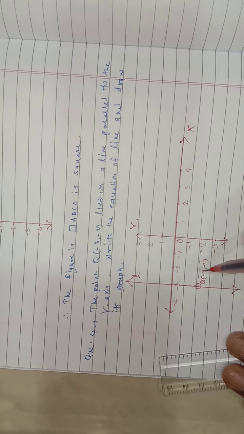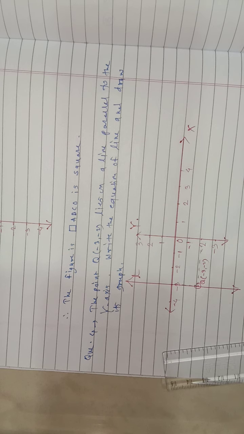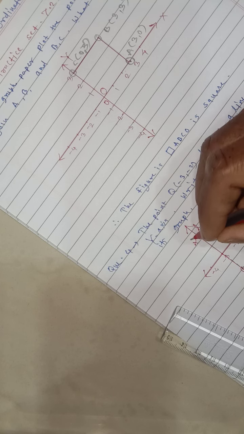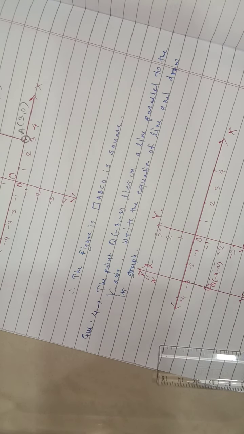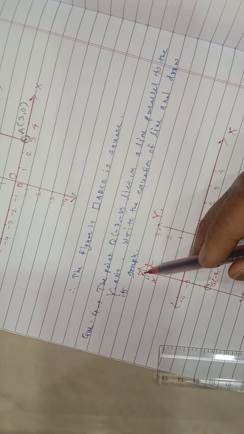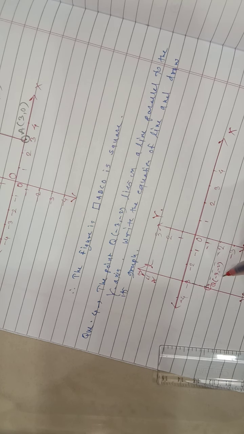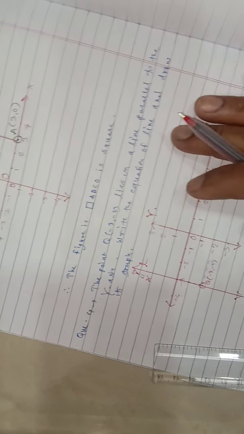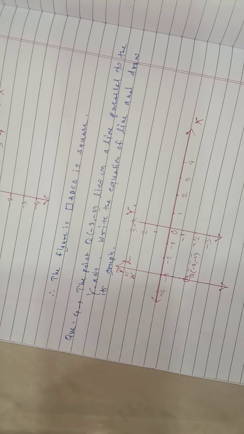The equation of a line parallel to the y-axis is x = a, and here the value of a is -3. Therefore the equation of line L is x = -3. This is the graph of question number 4.